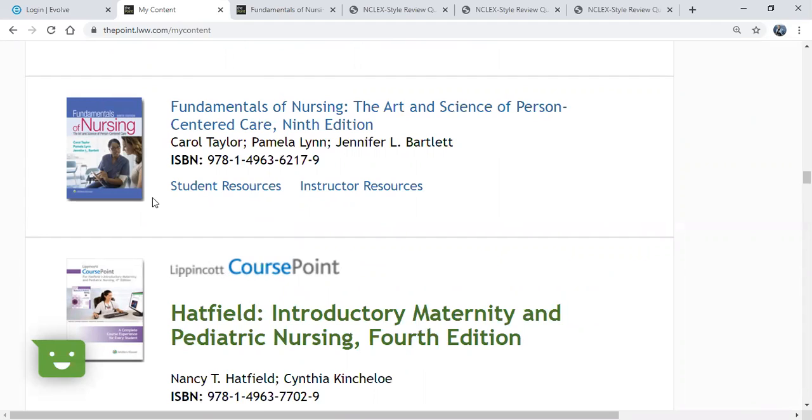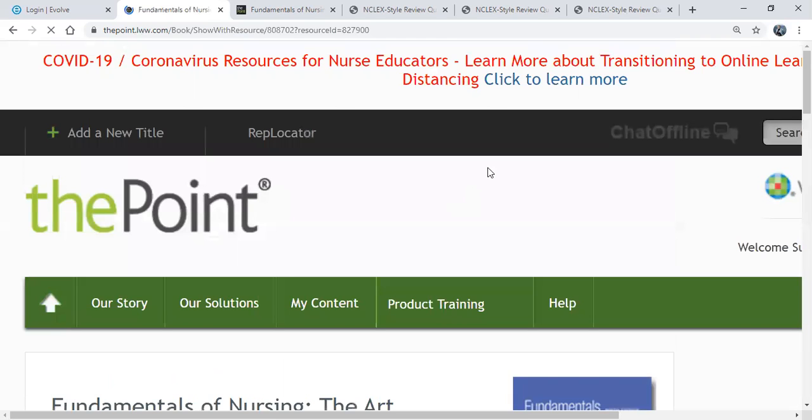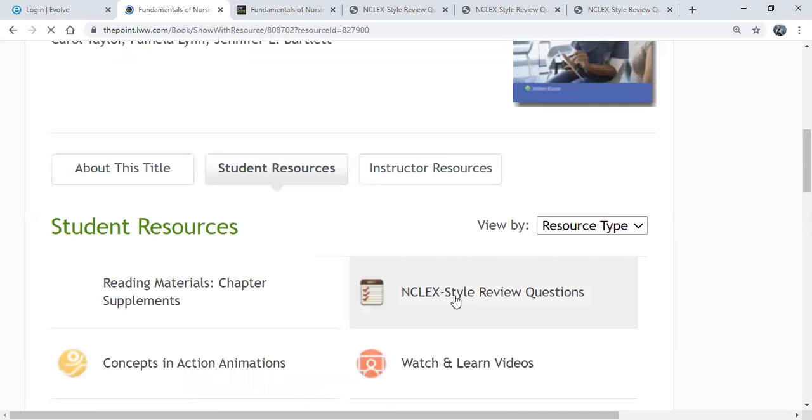So you'll have actually two fundamental books on your screen. Once you load the one with the scratch off code, you'll have this one, and then you'll have the one that has your Prep U in it. And then you have to go under student resources in that purple book. All right, and then NCLEX style questions.